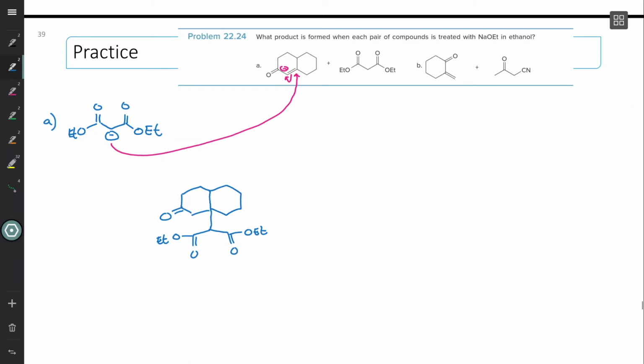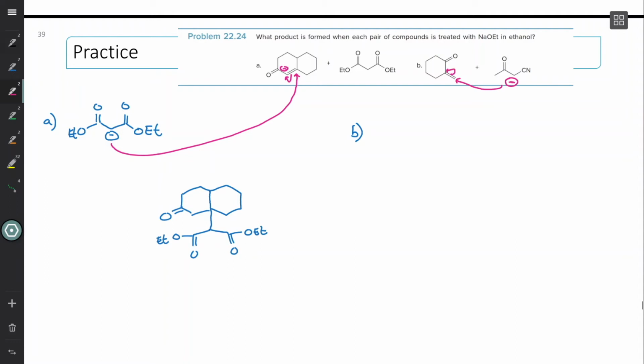Part B. Okay, so here, this is my conjugated carbonyl, and this is going to be my great site for an enolate. So first I'm going to make my enolate here, and then it will attack here.